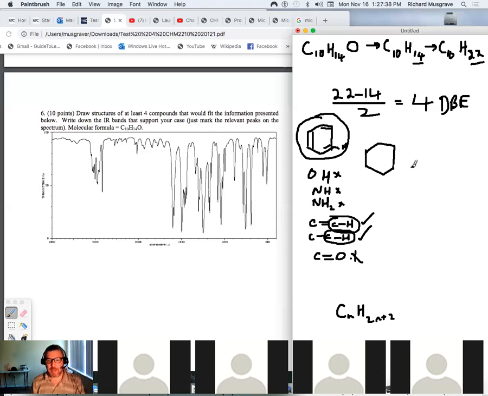All right, how many carbons does the aromatic ring take care of? Any thoughts? 6. 6. So how many do we need to take care of? 4. 4. So I'll just put 4 on the end here. But I also need an O, but it can't be an OH.